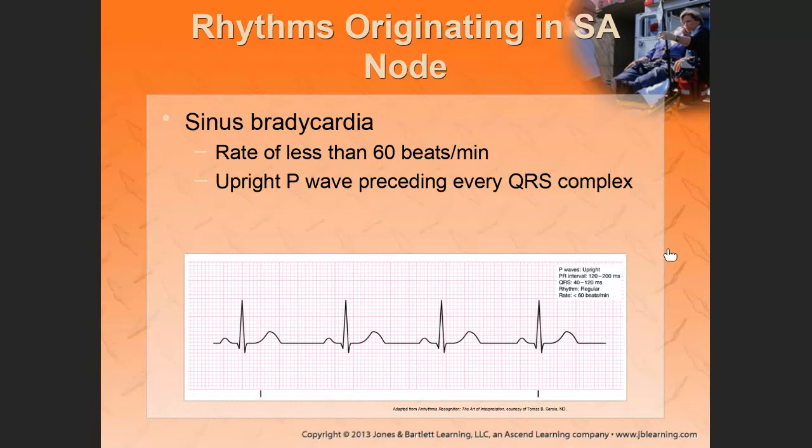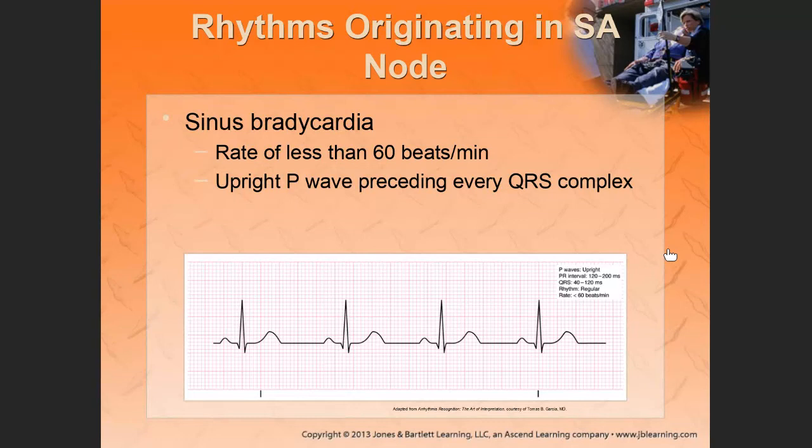Is every QRS complex followed by a T wave? Yes. Right? Is the rhythm pretty? It most definitely is. Is the distance of the PR interval and the QRS complex normal? The distance is normal.